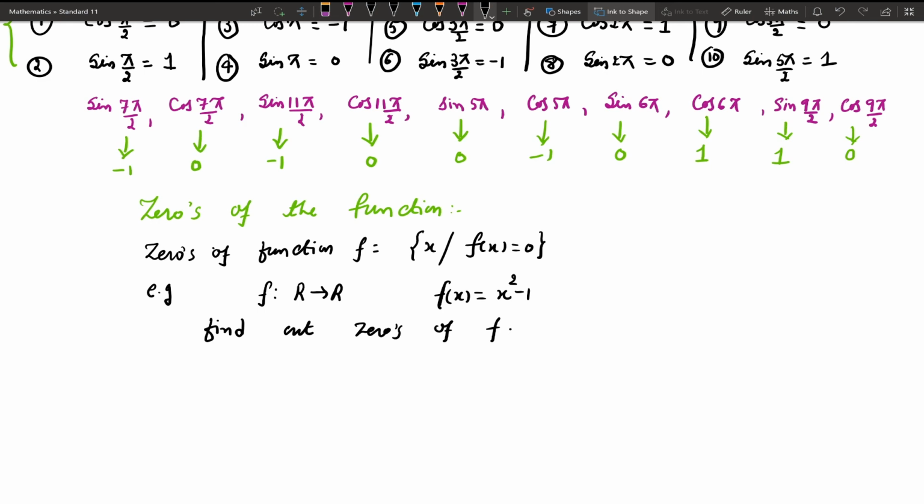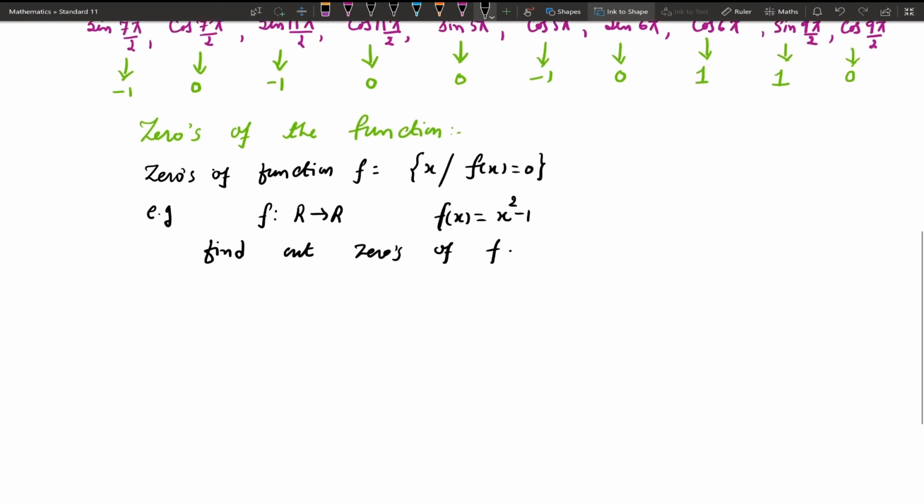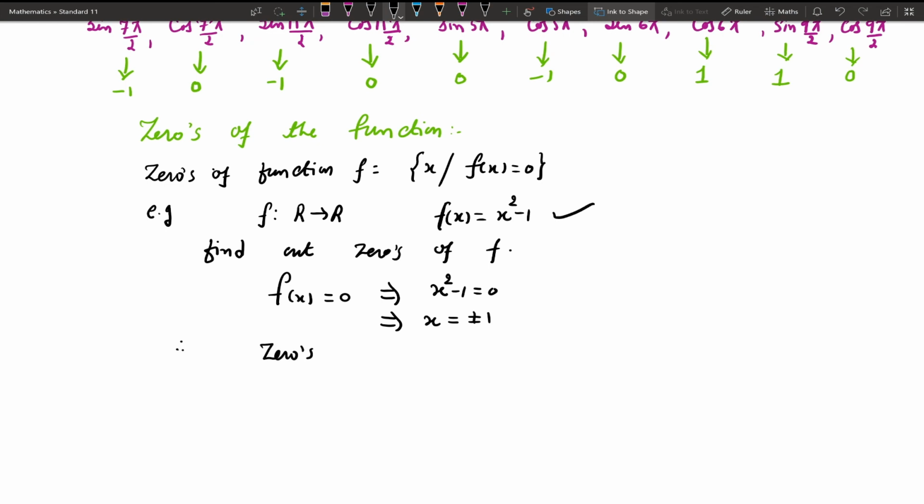So the zeros are the set of all x for which f of x equals 0. F of x equals 0 implies x square minus 1 equals 0, which implies x equals plus minus 1, and therefore for the given function, zeros of f equal plus minus 1.